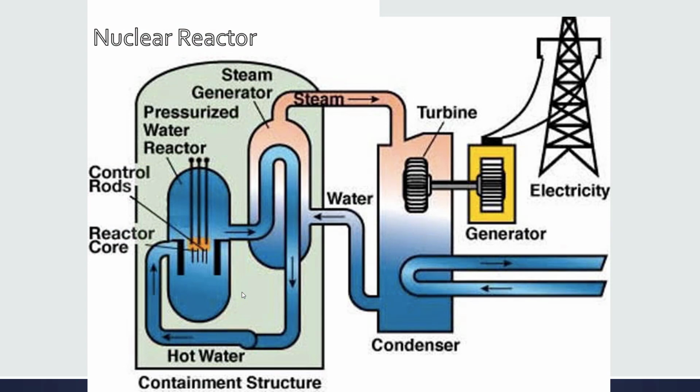This should look shockingly similar to a coal-fired power plant with a couple of big exceptions. If you remember, there were 2 loops of water. Here you have 3. The first loop of water is where, instead of burning something, you're cracking atoms apart. It is completely contained within this tan facility.